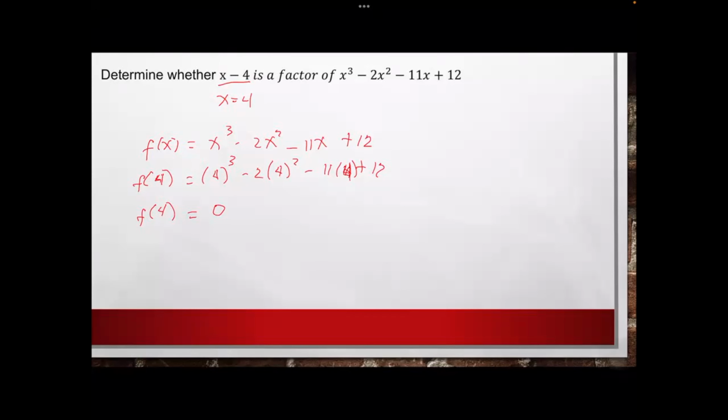So, if the answer is 0, therefore, x minus 4 is a factor of x cubed minus 2x squared minus 11x plus 12.